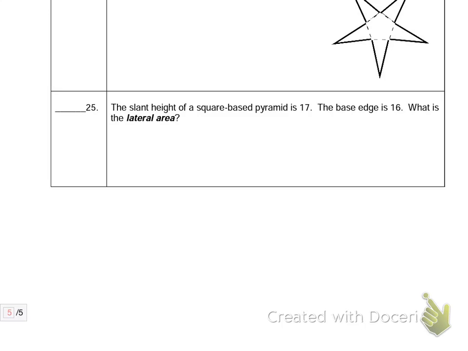Okay, the very last one, the slant height of a square base pyramid is 17, the base edge is 16. What is the lateral area? So, this is a square base pyramid, and we're finding the lateral area. So, to find the lateral area, our formula is 1/2 the perimeter of the base times our slant height.